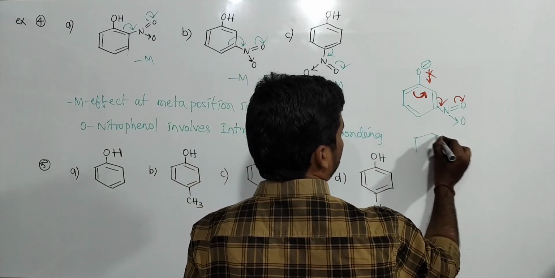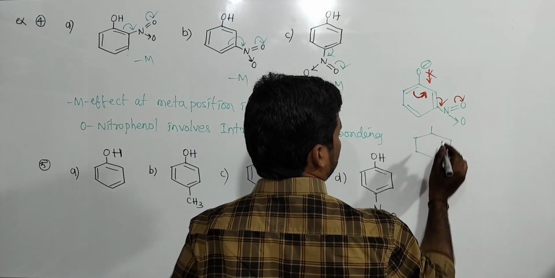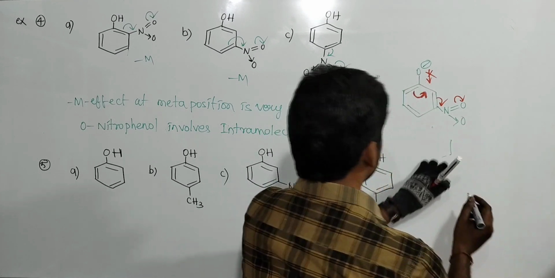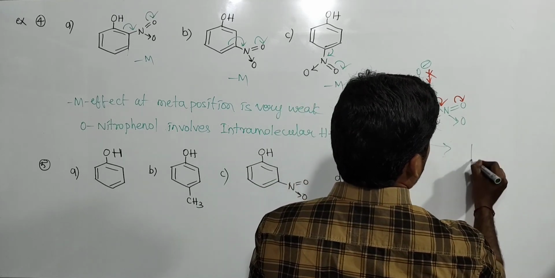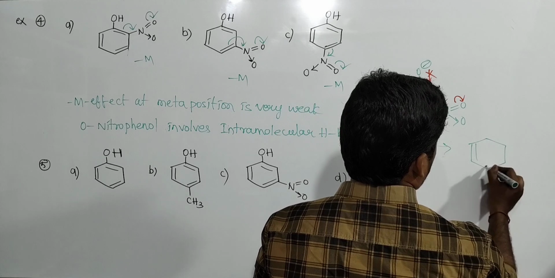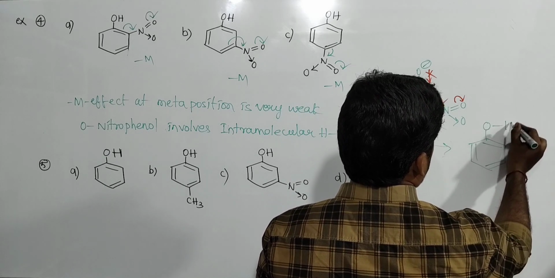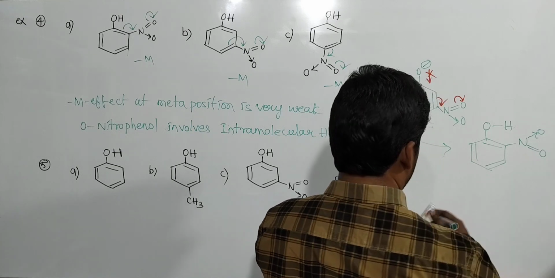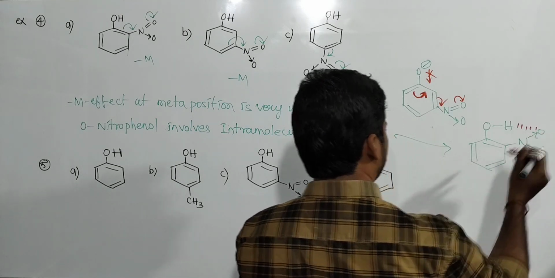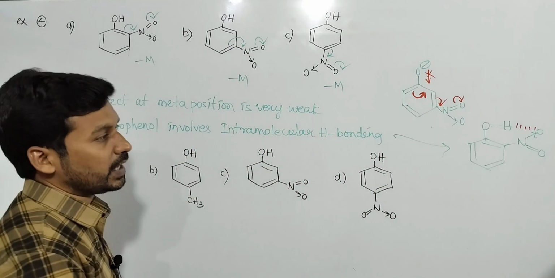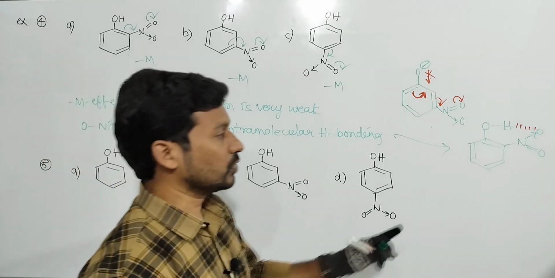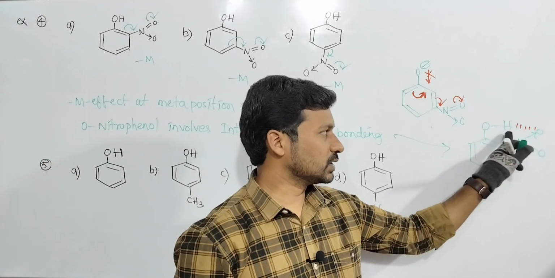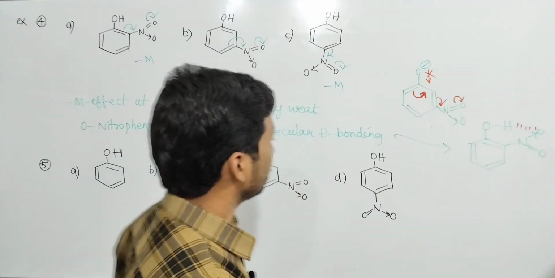See this one. This is OH group. Here, intramolecular hydrogen. That hydrogen is not free to donate. Orthonitrophenol does not donate H plus ion, because that hydrogen is involved in intramolecular hydrogen bonding.